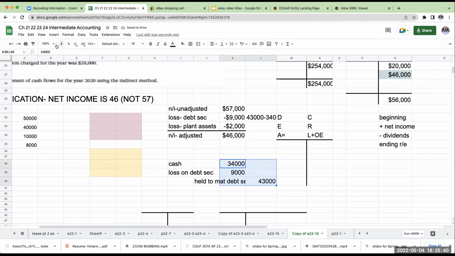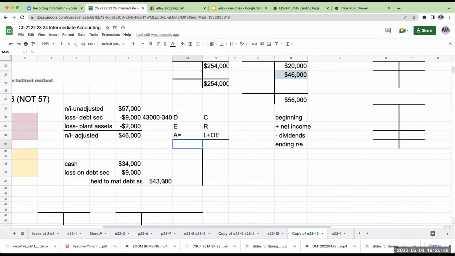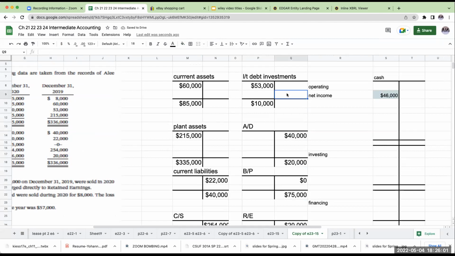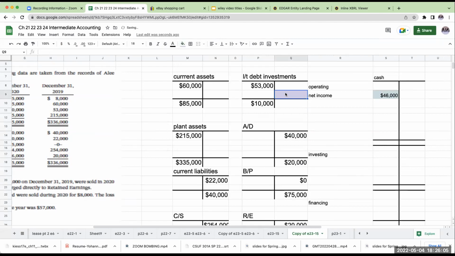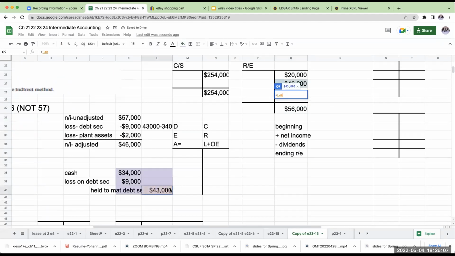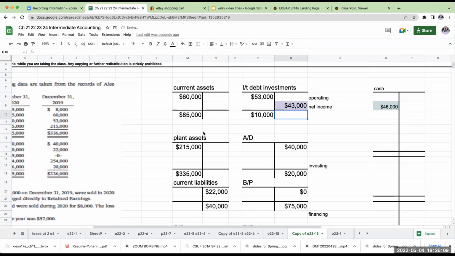Okay, so that's how we go through and do it. So when I do the additional information, I usually like to do this as journal entries. So now what we're going to go ahead and do is post these into the various different T accounts. I'm going to go ahead and color code them like this. Okay, so held to maturity debt securities, 43,000 right over here. I'm going to credit long-term debt securities for 43,000.